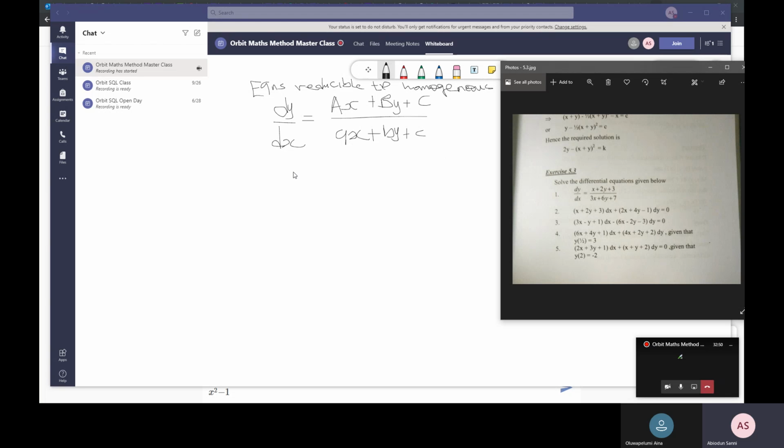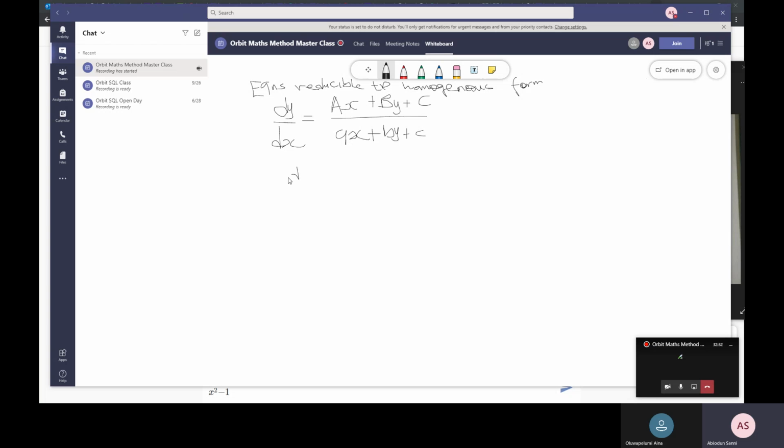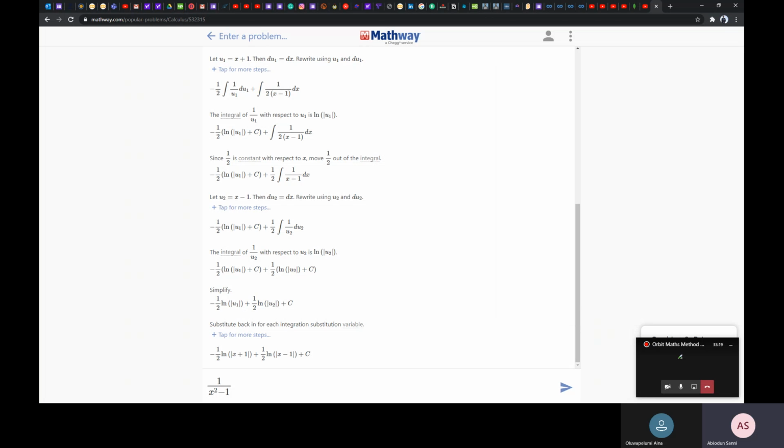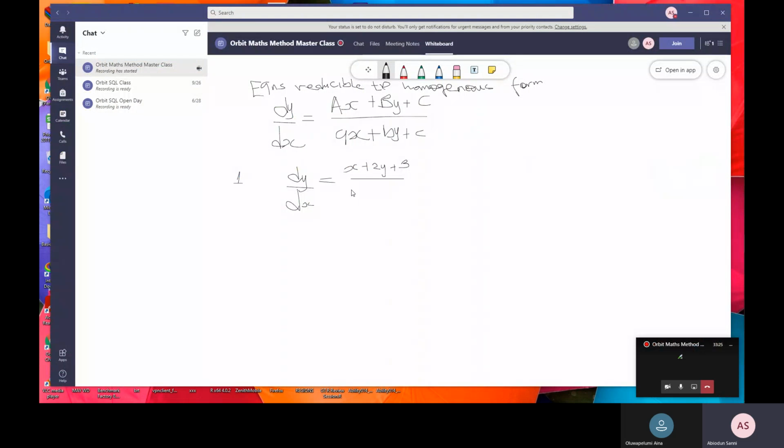So dy/dx is equals to x plus 2y plus 3, all over 3x plus 6y plus 7.